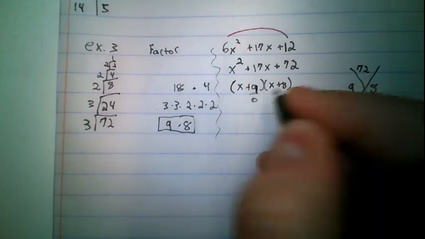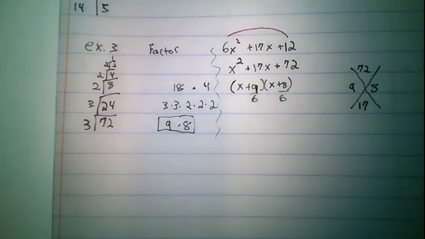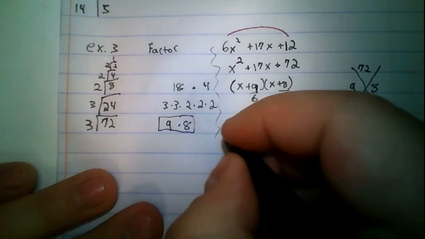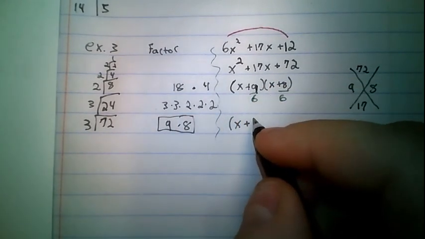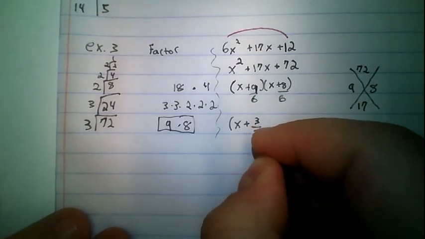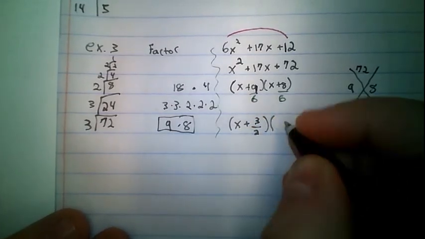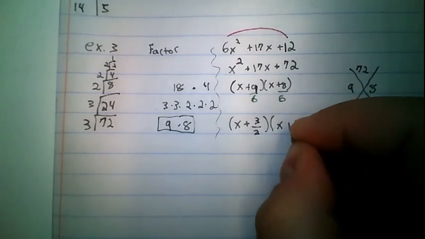So I divide by 6. And then I reduce. When I reduce, I get x plus 9 over 6 can be reduced to 3 over 2. And x plus 8 over 6 can be reduced to 4 over 3.